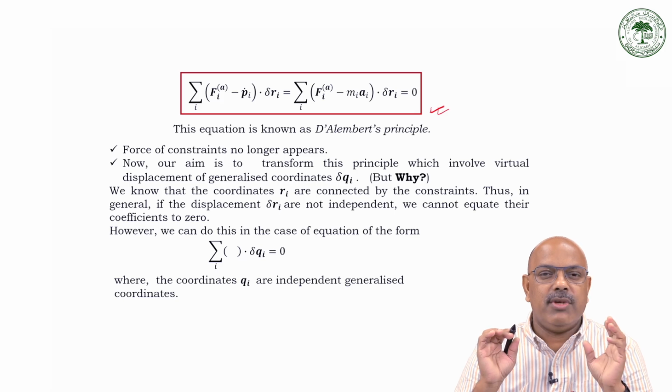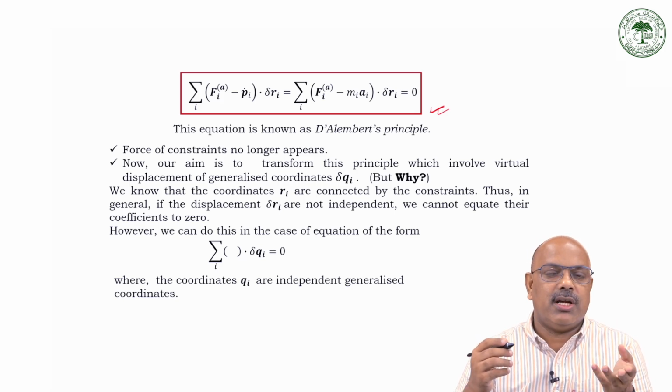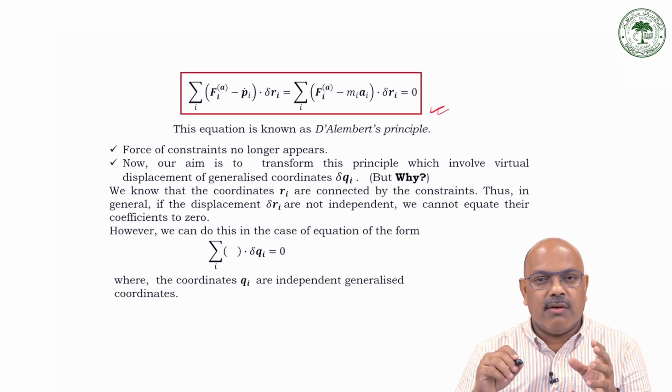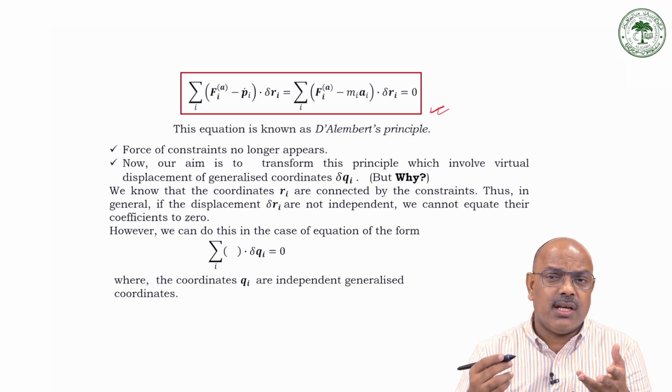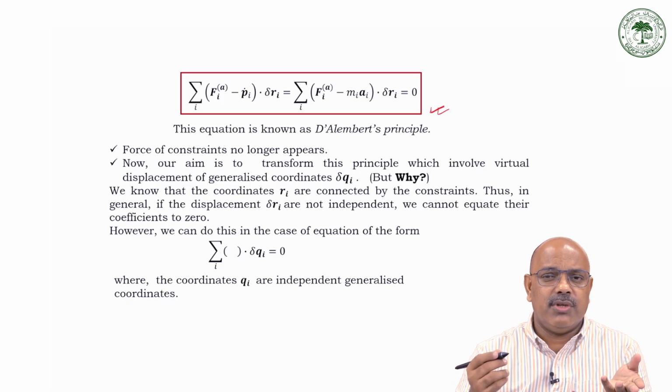Now our aim is to transform this principle, which involves the virtual displacement, into generalized coordinates. Till now we were talking about coordinates which are dependent in physical space. Now we try to work in terms of generalized coordinates, which are independent. But why do we need this?